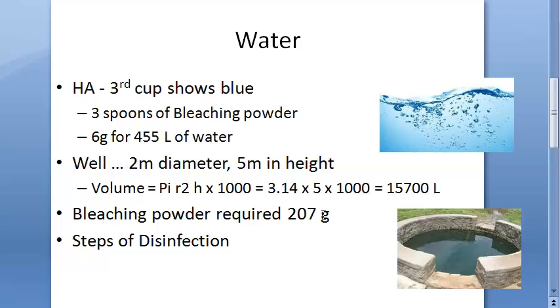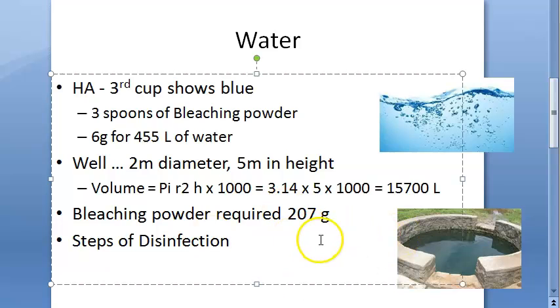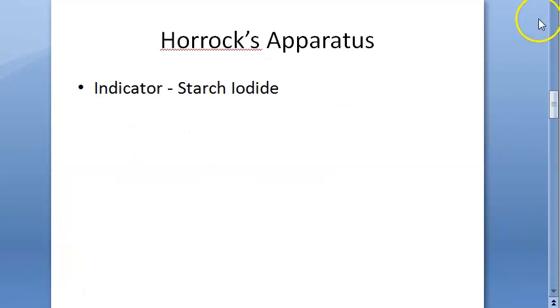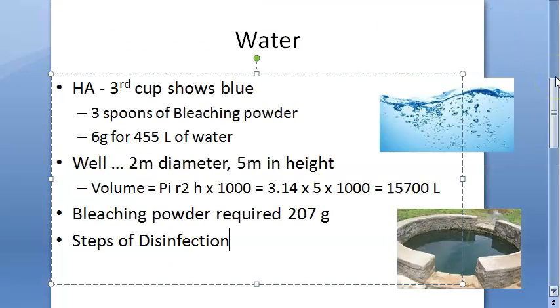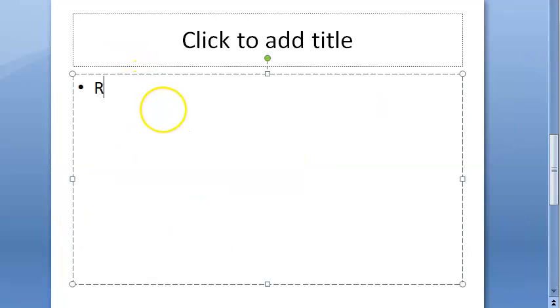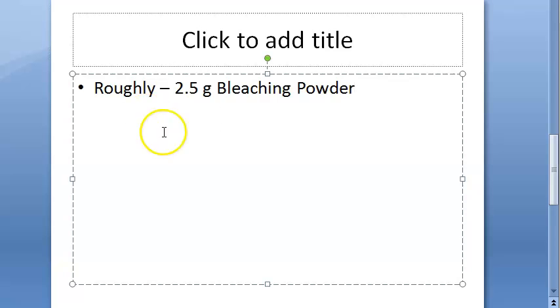Then, if Horrock's test is not available, how will you estimate the bleaching powder? If Horrock's apparatus is not available, then roughly you will put 2.5 gram of bleaching powder, which has 33% chlorine, for 1000 liter of water.